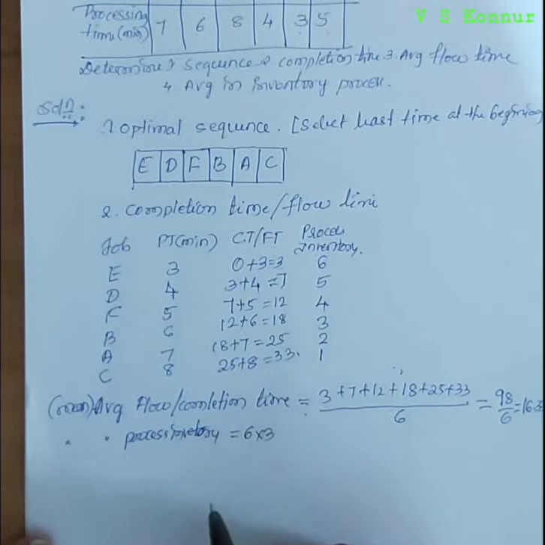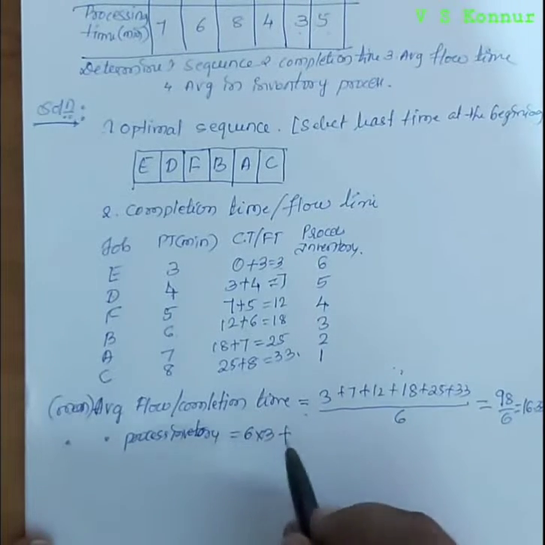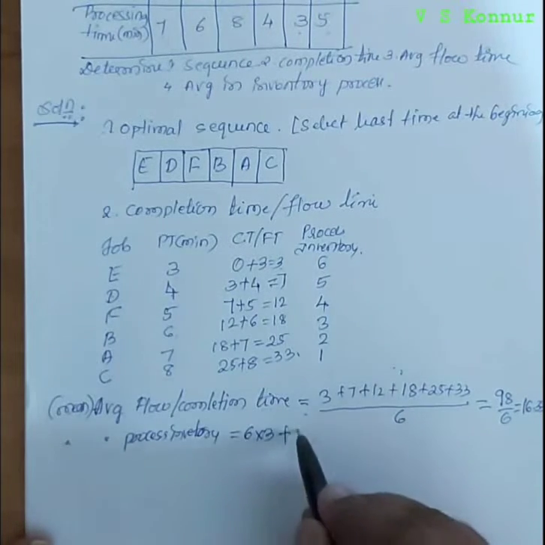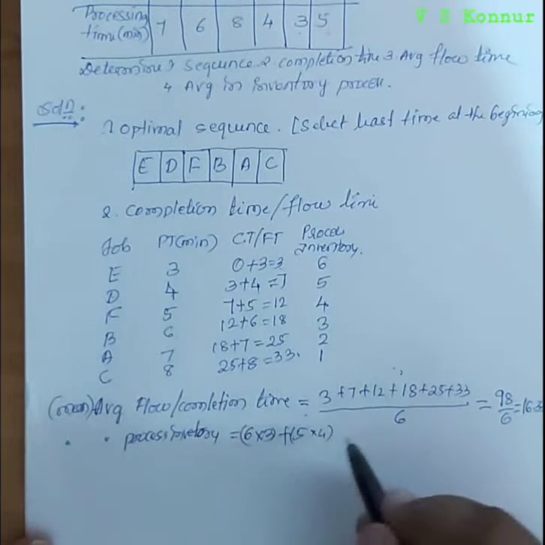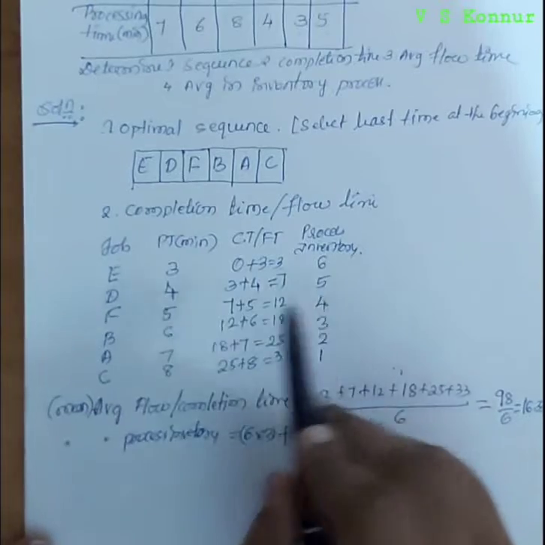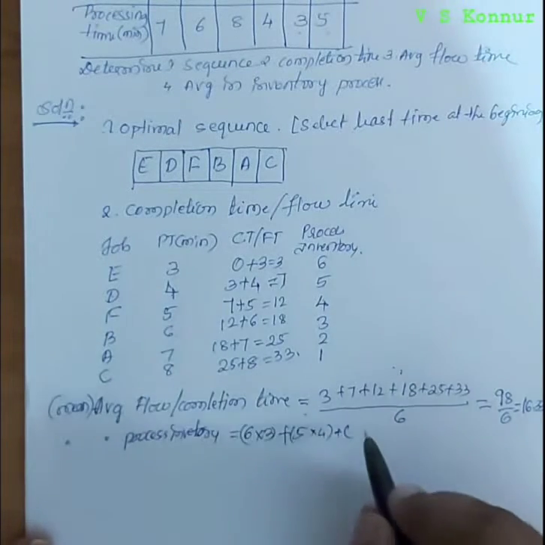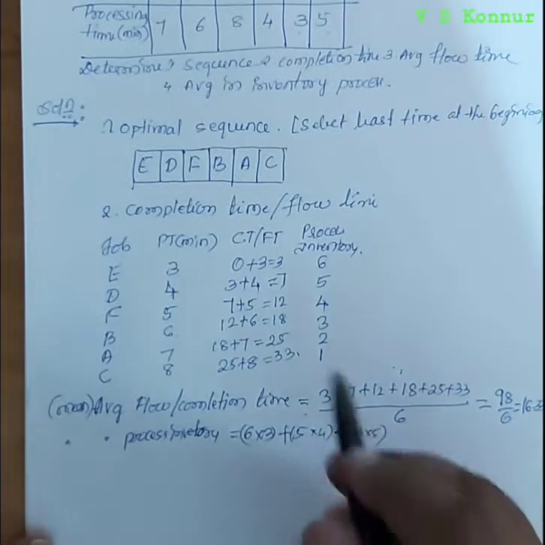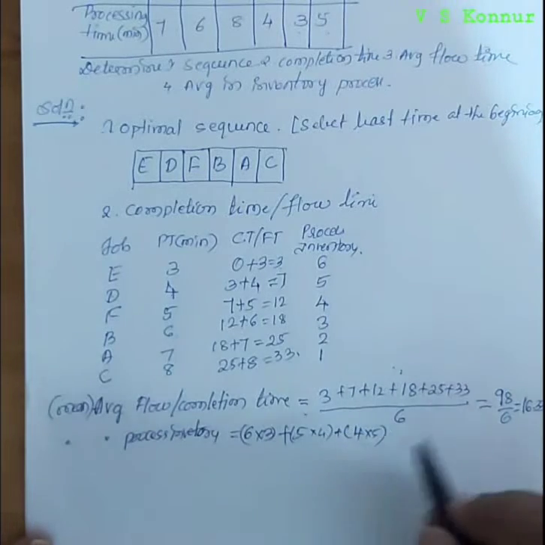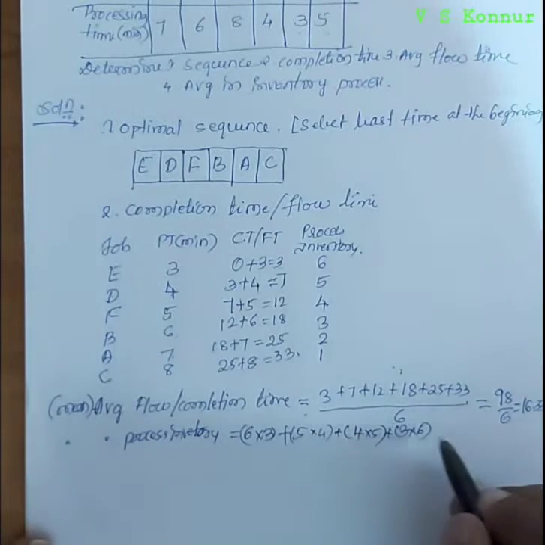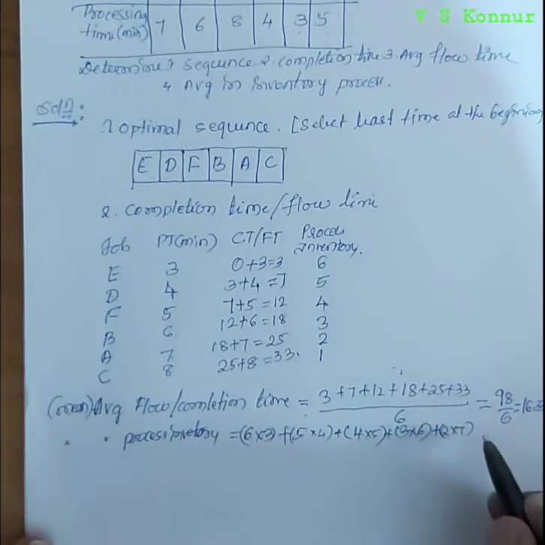So that is 6 into 3, plus 5 into 4, plus 4 into 5, next 3 into 6, plus 2 into 7, plus 1 into 8.